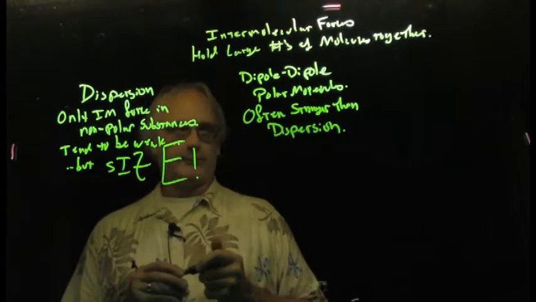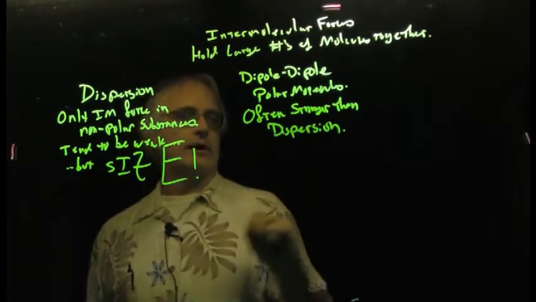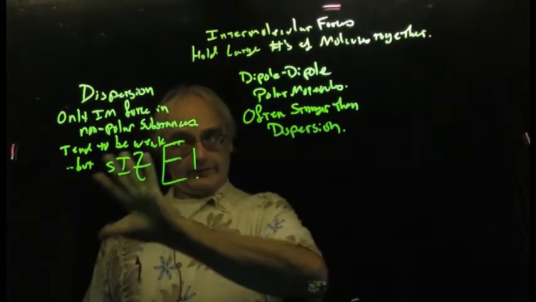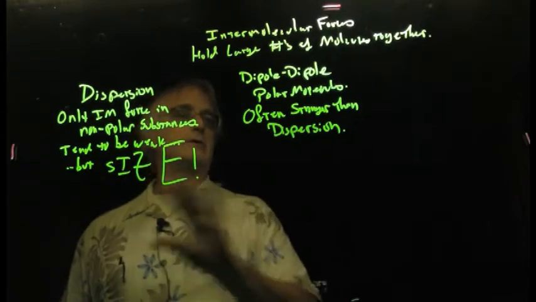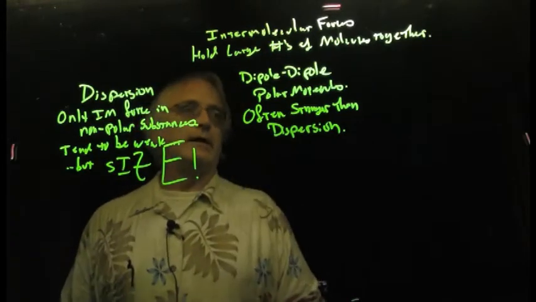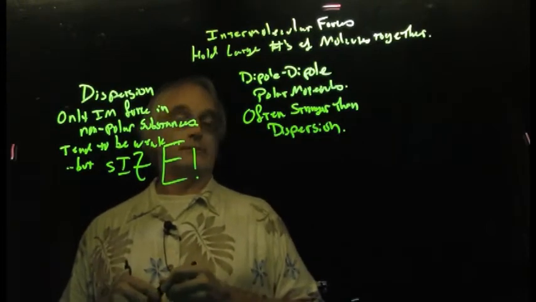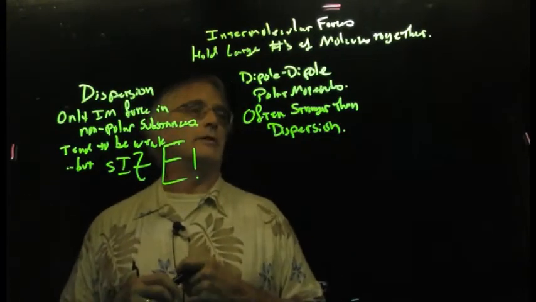Generally, we put dipole-dipole in the middle position as the second strongest intermolecular force, although size can really make dispersion compete well with it. So that's a kind of dicey one, but dipole-dipole is for molecules that are polar. You've seen several examples, and we'll see several more.